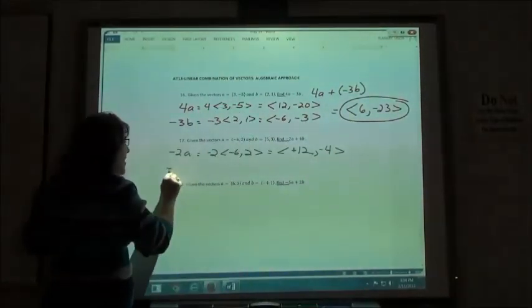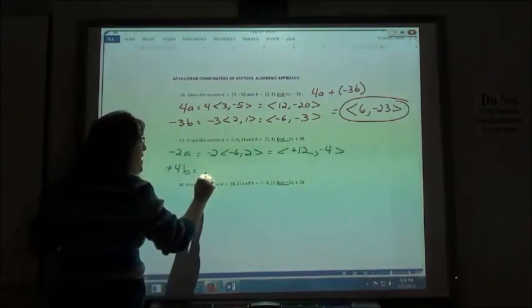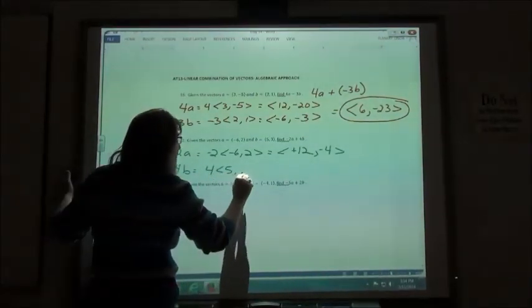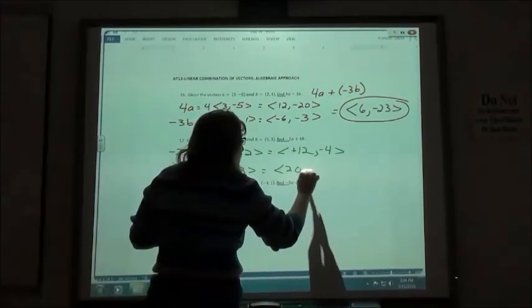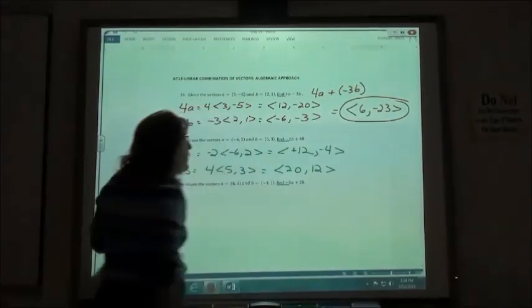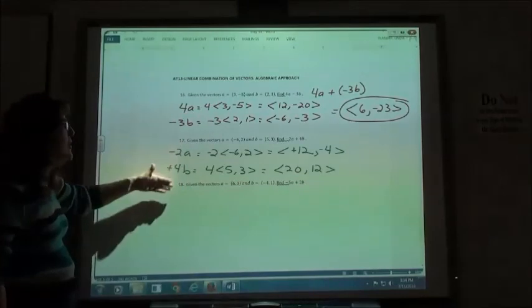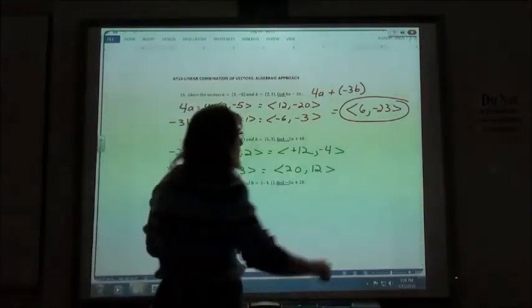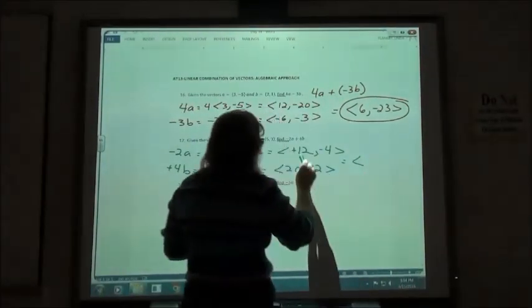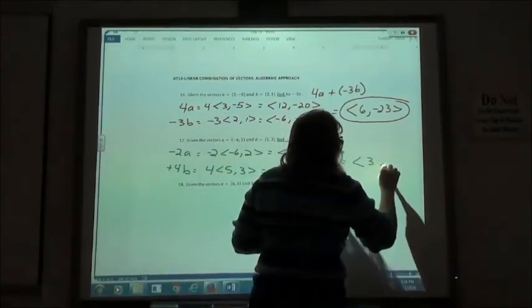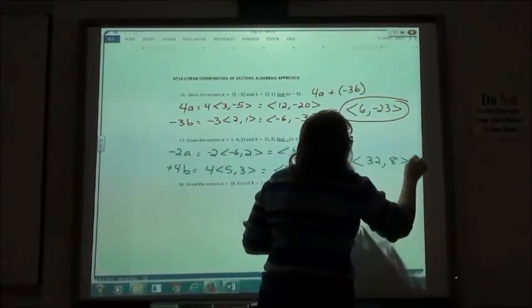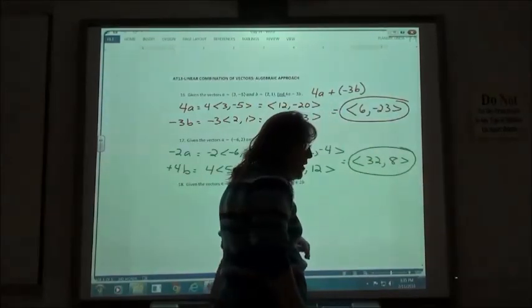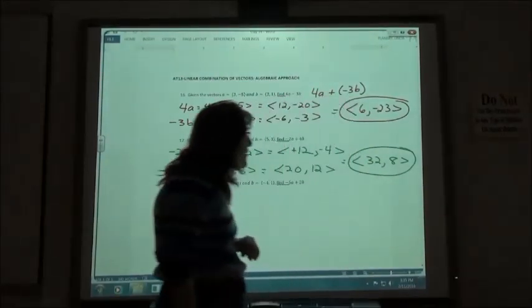If I take a positive 4 times my b, 4 times 5, 3 would give me the vector 20 and 12. And then again, I'm just going to always add those two answers together. So 12 plus 20 would be 32. Negative 4 plus 12 is a positive 8. So now my new vector is at 32, 8.